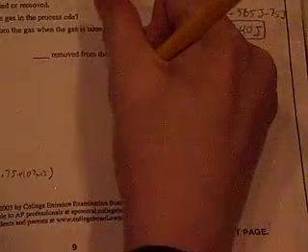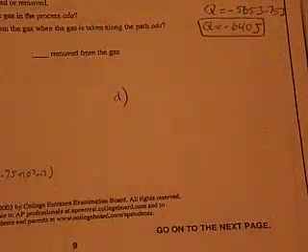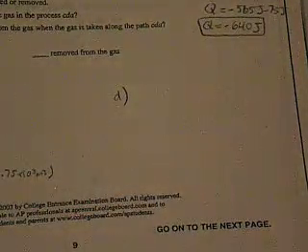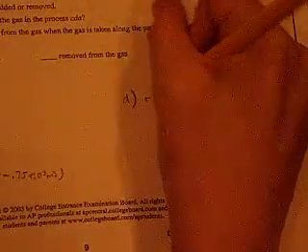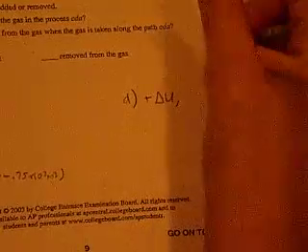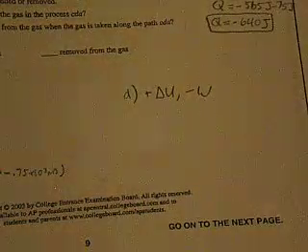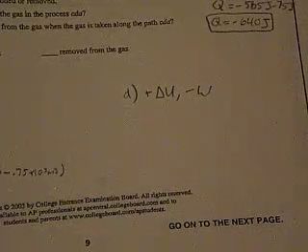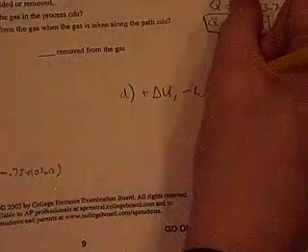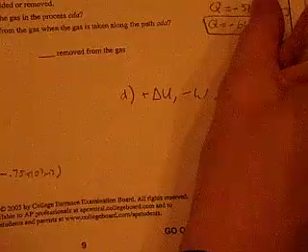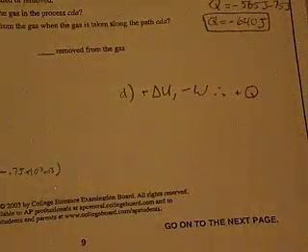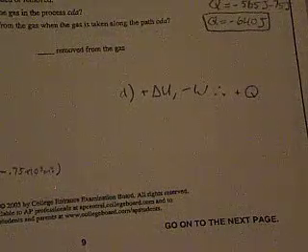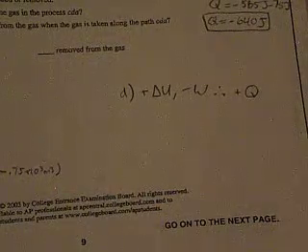All you have to know for part D is that since we have a positive delta U, and there is a negative work because we solved for both of those, there also has to be a positive Q. So therefore, there's going to be a positive Q. And since Q is positive, that means that we are adding heat to the system.